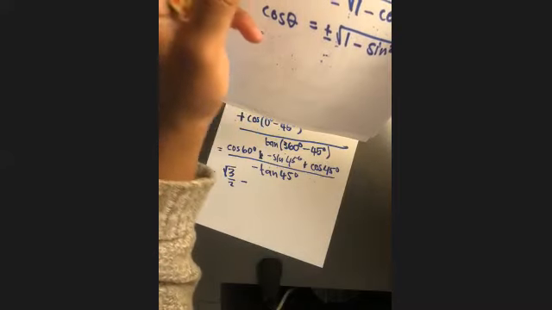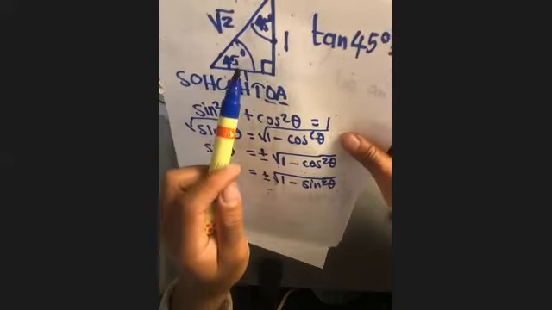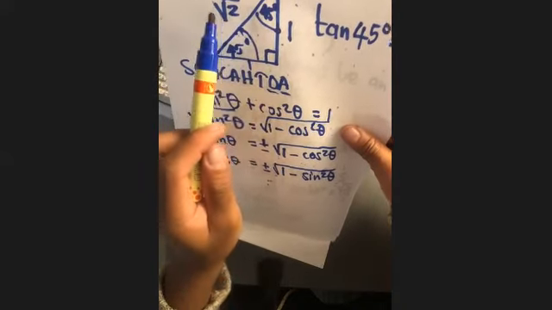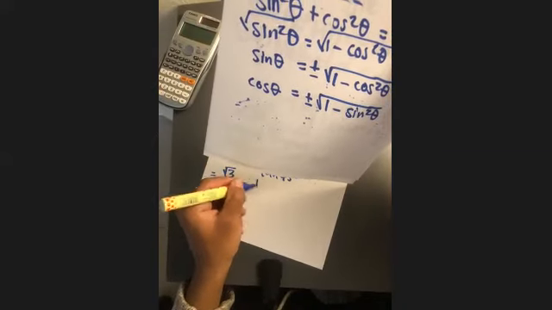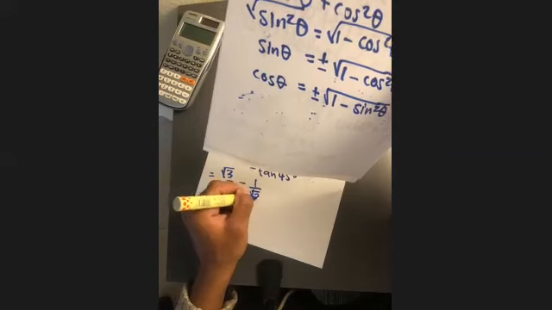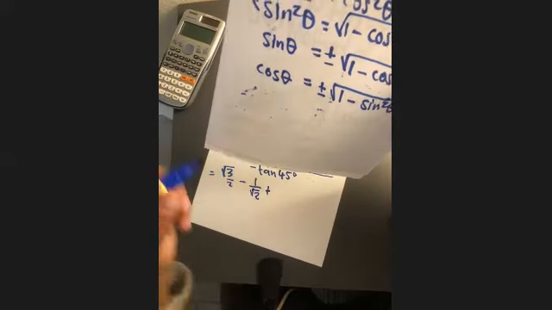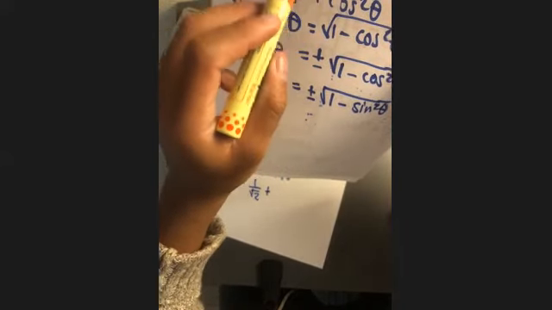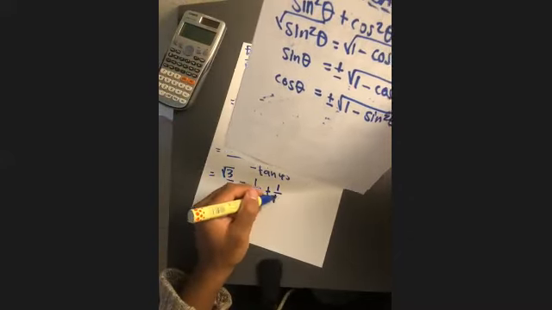The sine of 45 degrees is just going to be opposite over hypotenuse, which is 1 over square root of 2. And then the cosine of 45 is adjacent over hypotenuse, so it's just going to be 1 over square root of 2 again.